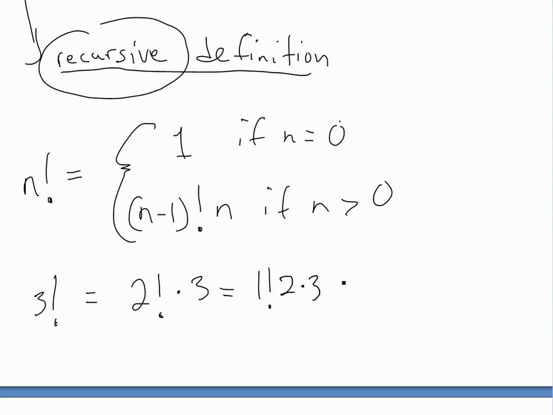And 1 factorial is equal to 0 factorial times 1. So you're left with 0 factorial times 1 times 2 times 3, and 0 factorial is just 1, so you're left with 1 times 2 times 3. We have an extra 1, but that doesn't change anything. So this one's just 6.